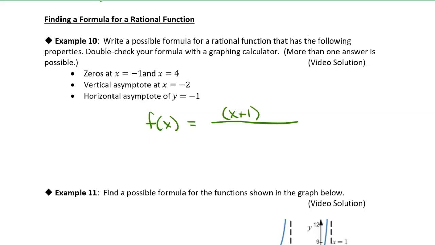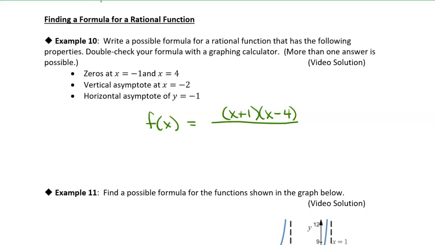Okay? Because then at -1, that factor would be 0. We also have a 0 at x equals 4, which means that the numerator also has to have a factor of x minus 4, because if we plug in 4 to that factor, we would get 0. All right. So if we're given the zeros, then we know the numerator would have to have those factors.